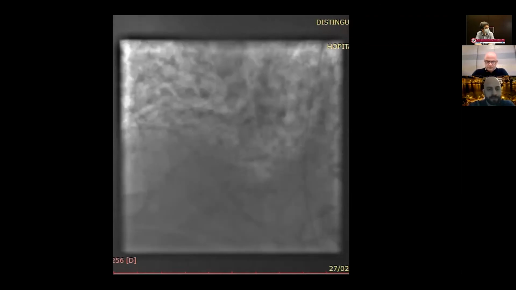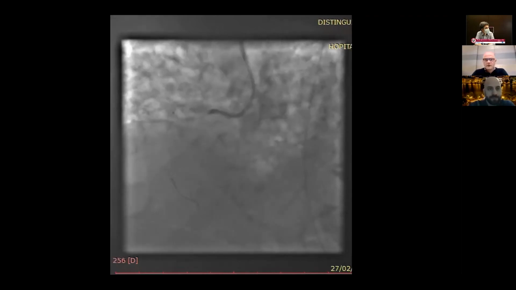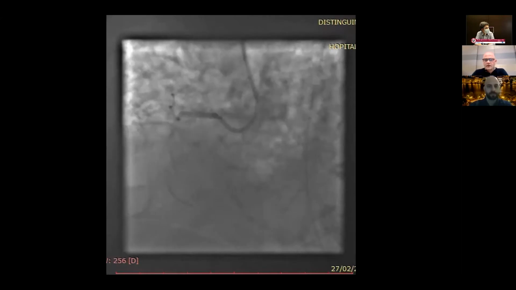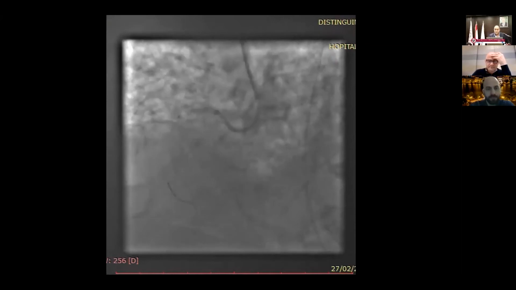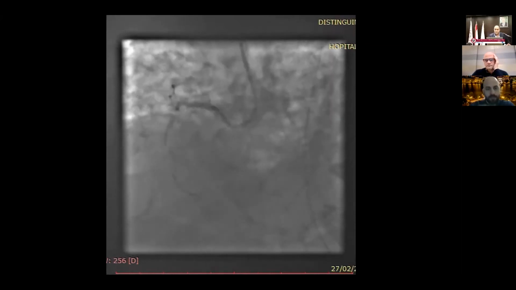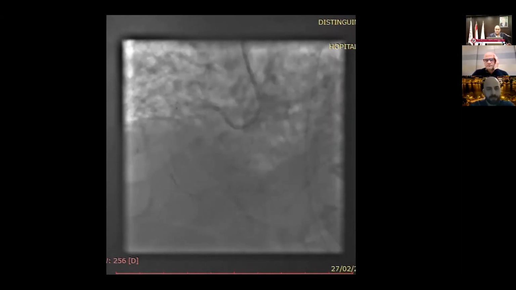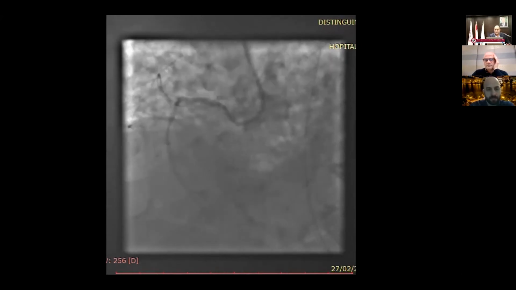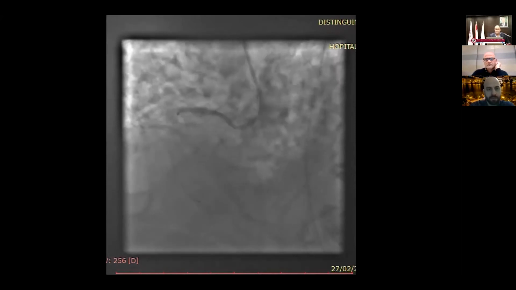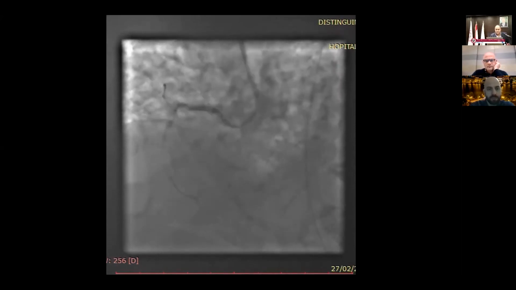Yes. So here we proceed, after changing of the wire, to choosing other balloons. I don't have an OPN balloon, although I think to take an OPN balloon, but I didn't have it at this time.